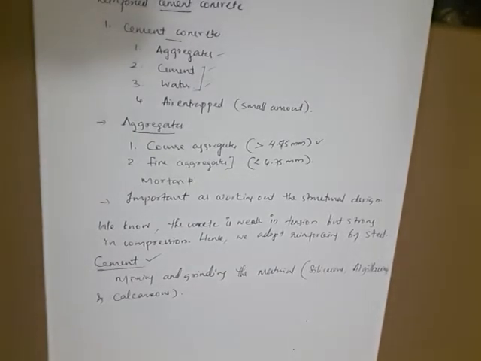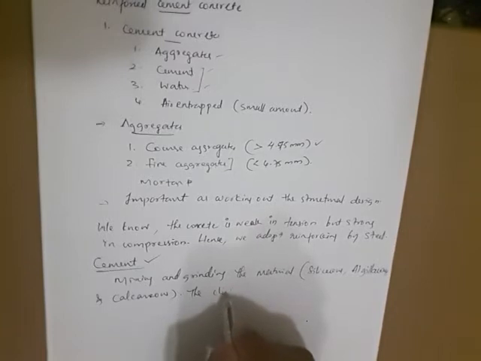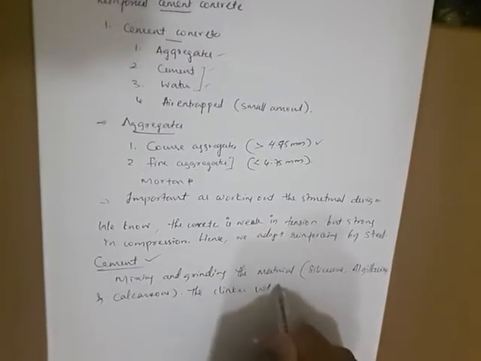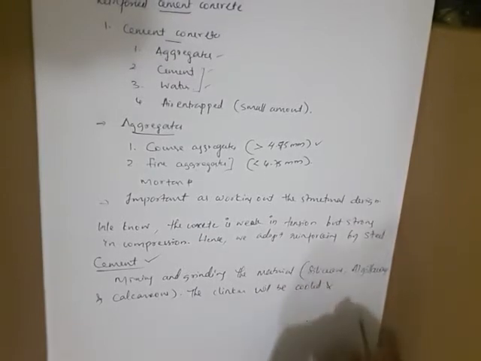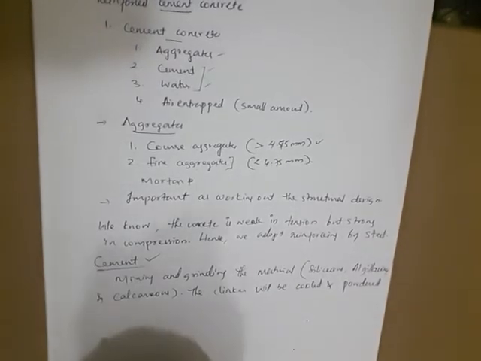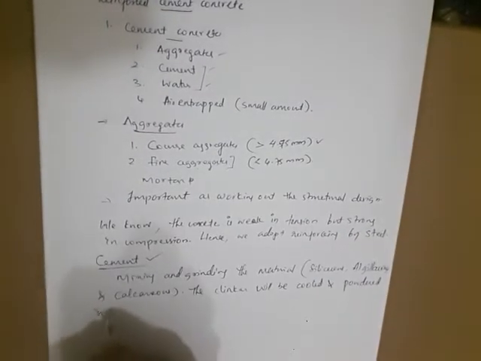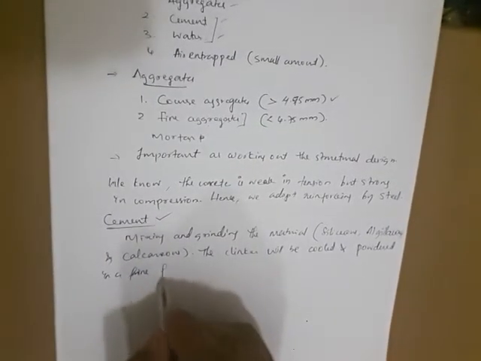Cement is produced by mixing and grinding the siliceous, argillaceous and calcareous materials, and the clinker will be cooled and powdered in a fine format.